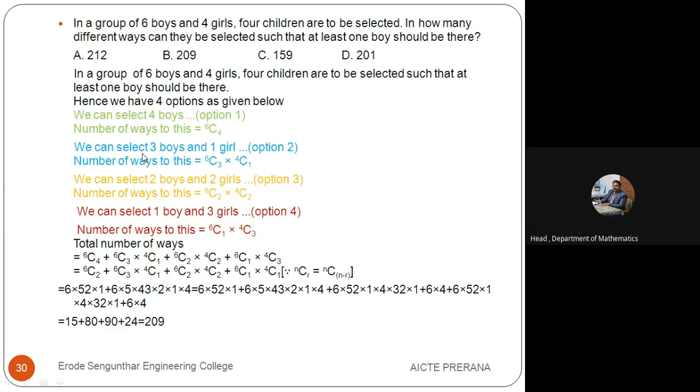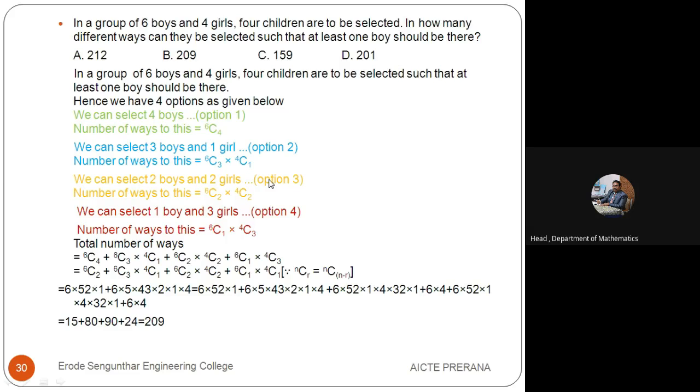The second option is we can select 3 boys and 1 girl. That means we can select 3 boys from 6 boys, therefore 6C3, into selecting 1 girl from 4 girls, therefore 4C1. 6C3 into 4C1.